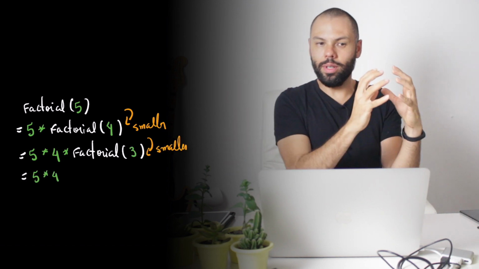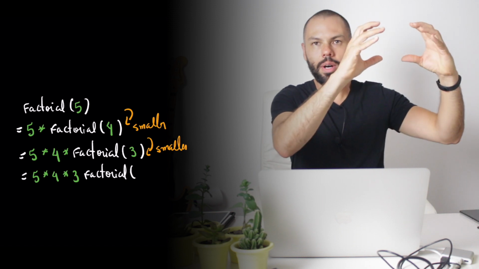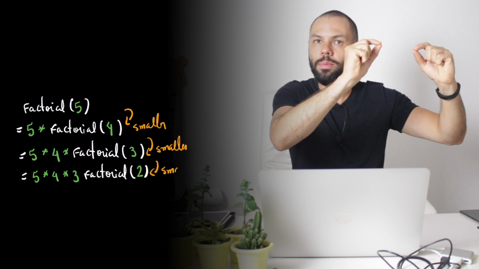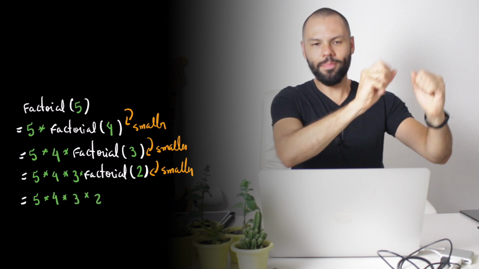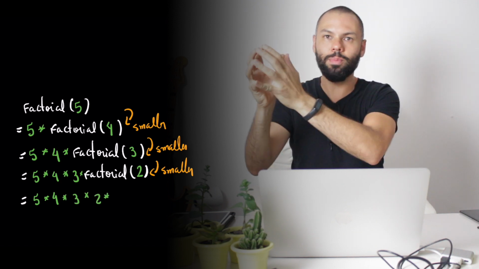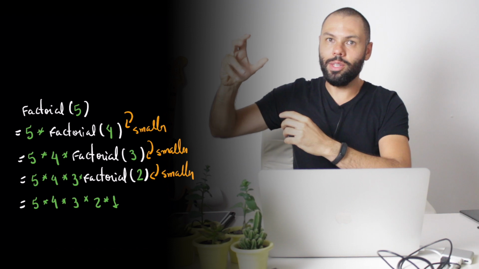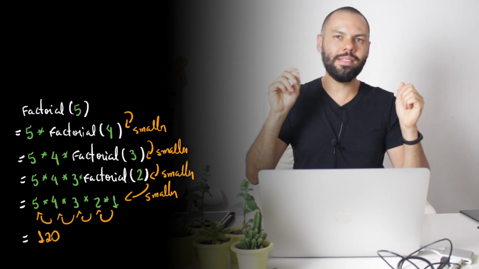So I have a big problem, and smaller problems, the same problem but a smaller one, that you can solve. Another important point is a method or function that calls itself. That's it.